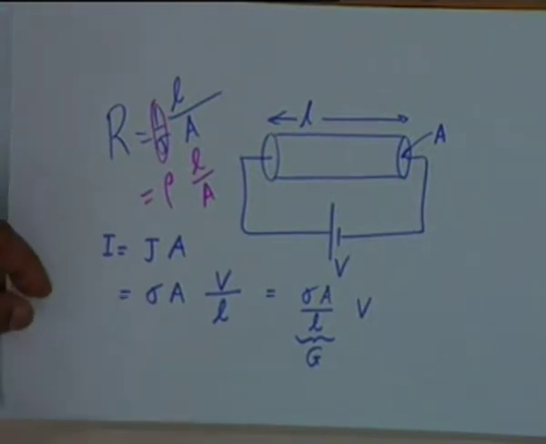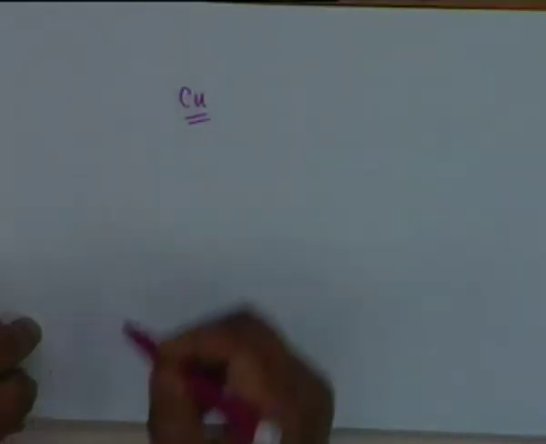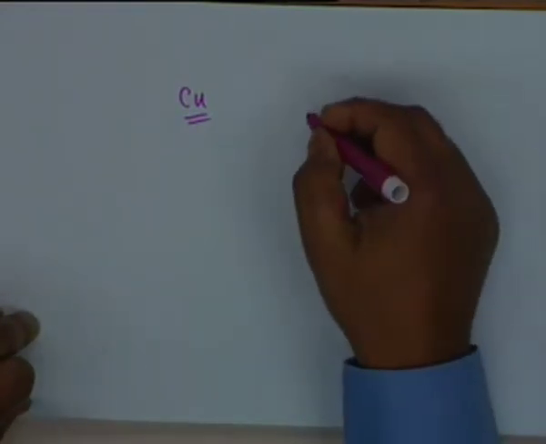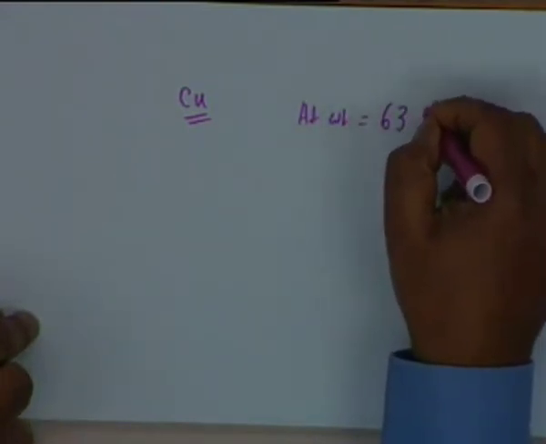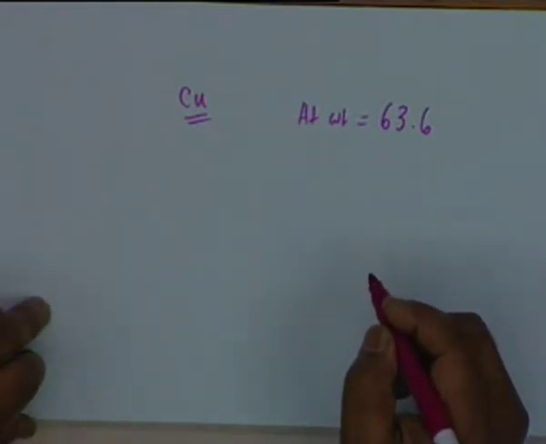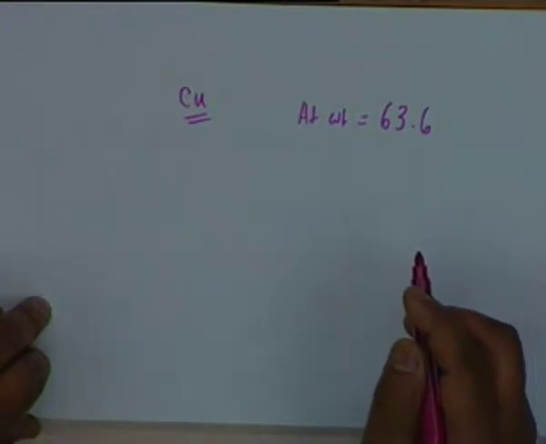So this is simply Ohm's law stated in a slightly different manner. Now we were talking of metals, so let us look at a typical metal, let us say copper. Just to review some of the concepts, let us take copper, of which the atomic weight is 63.6. What is a gram atom? Atomic weight expressed in grams.